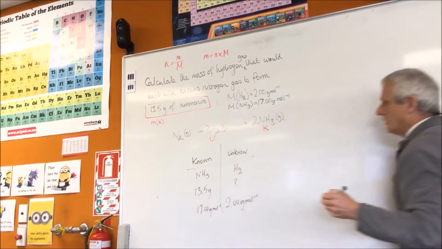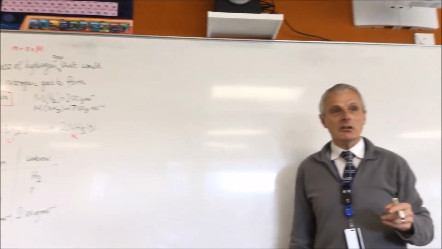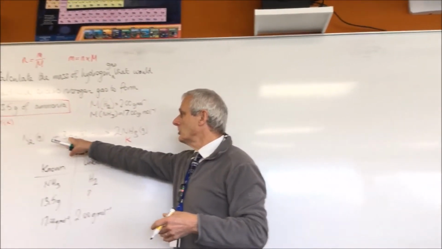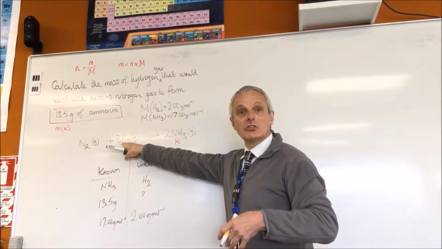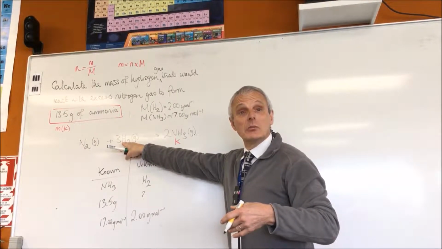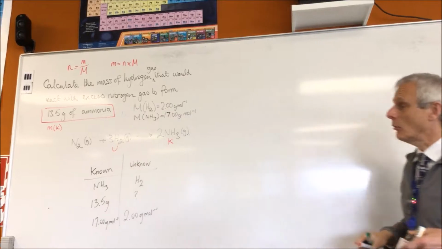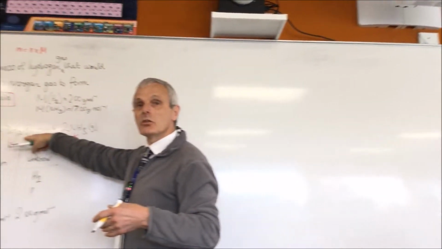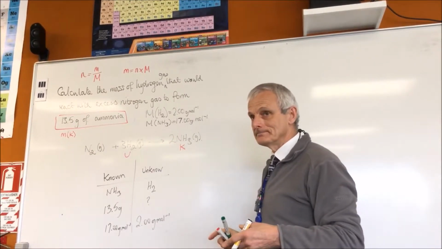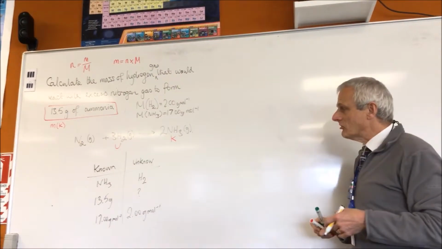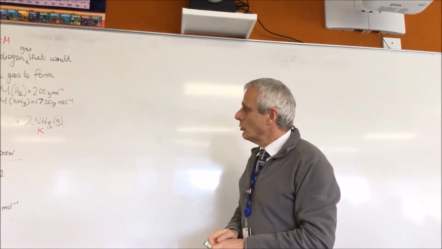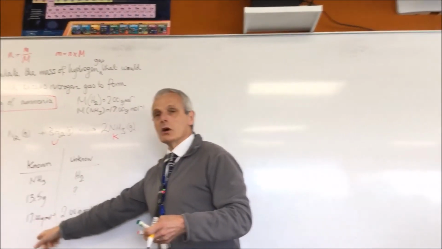Just a quick word about that. Remember, the molar mass relates to the mass of the particle, and because we're dealing with hydrogen gas, which is a diatomic molecule, we have 2 times hydrogen, not 1. So we're not dealing with an atomic mass, we're dealing with the molar mass of the molecule of hydrogen. So that's our starting point, and for our known substance we have a mass and a molar mass.